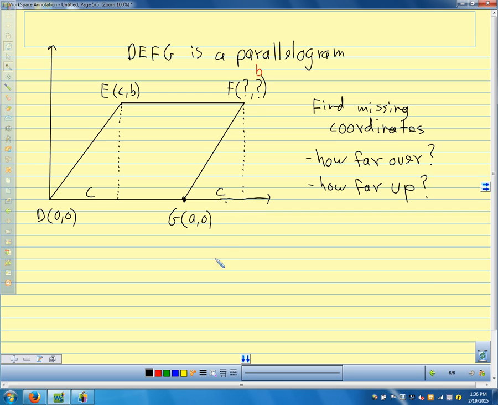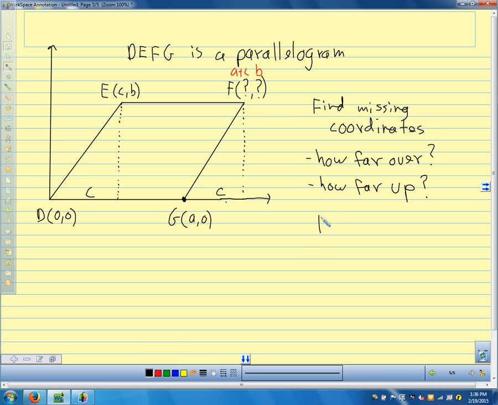C. If I've already gone over A units here, and I go C more, how would I write that? A plus C, right? If this is 10 and this is 5, I go over a total of 15. To get those, I add those together. So that whole distance would be A plus C, how far I've gone over.